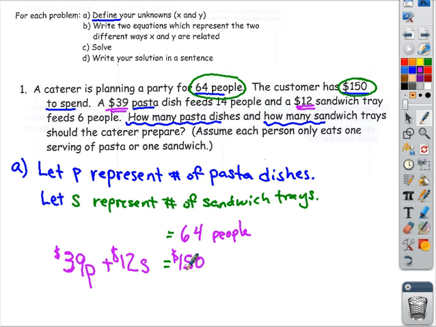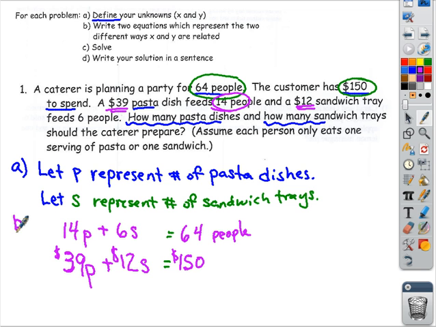So that's the equation that demonstrates the amount of money we're spending. Now, the $39 pasta dish will feed 14 people. So 14, this is our people equation. We're going to have people, people, people. So 14 people are fed with the pasta, and 6 people are fed with the sandwich tray. So now we have a system of equations.